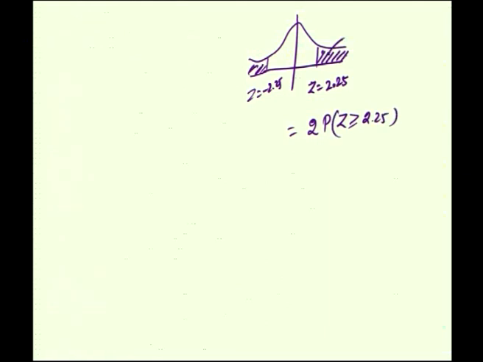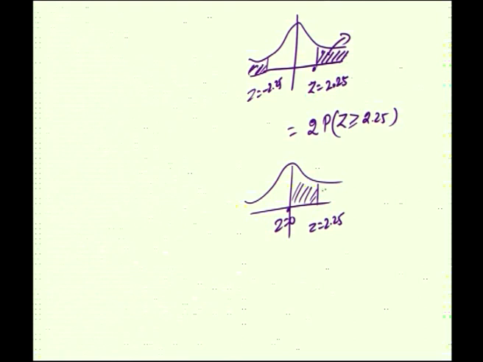Now, what is this particular value? For 0 to 2.25, just see the diagram. Z is equal to 0, Z is equal to 2.25. You will see the diagram for this area at 2.25.